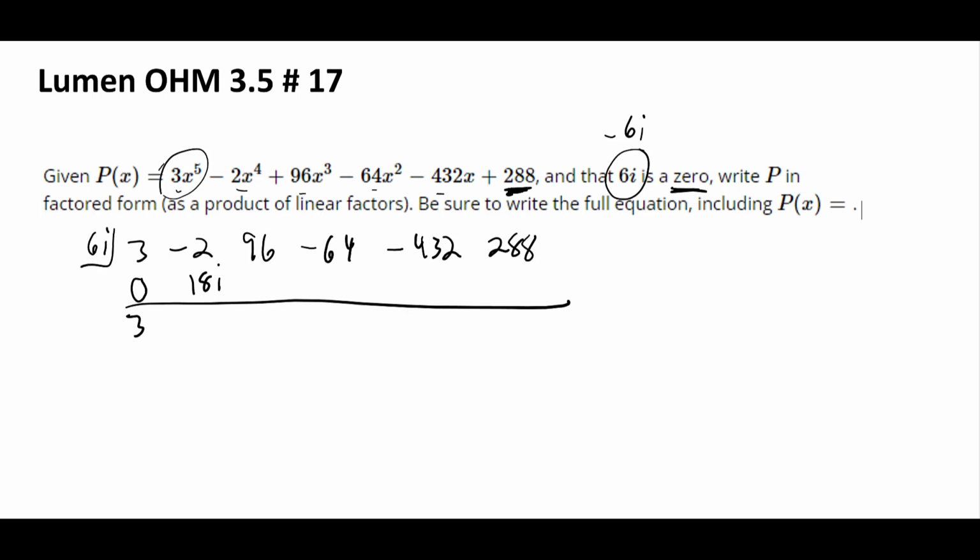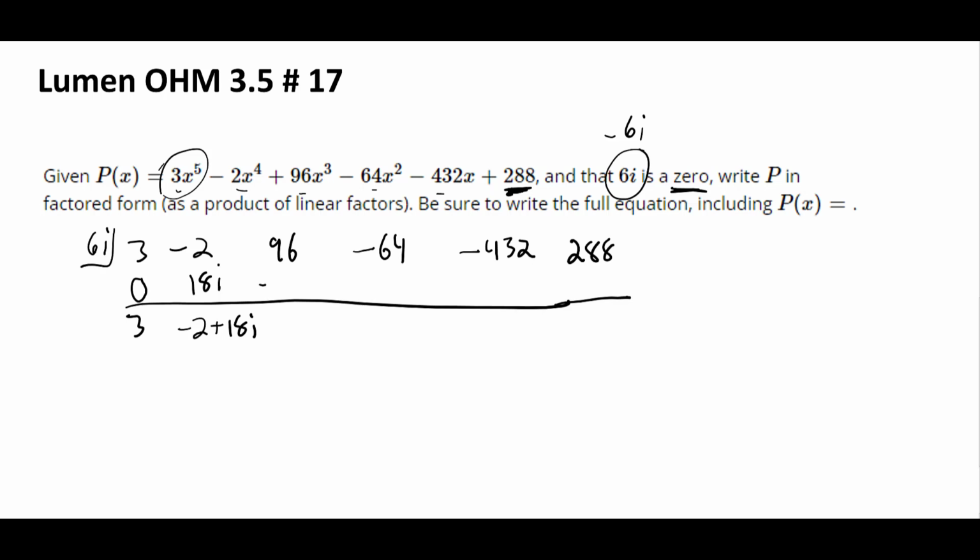So minus 2 plus 18i is minus 2 plus 18i. 108 minus 12i. Okay. So now we have 6i. Okay, let's go ahead and add that. So that's going to be what? Negative 12 minus 12i.